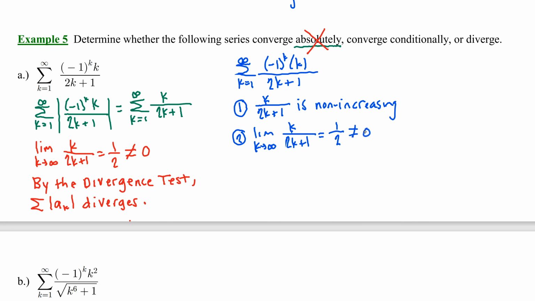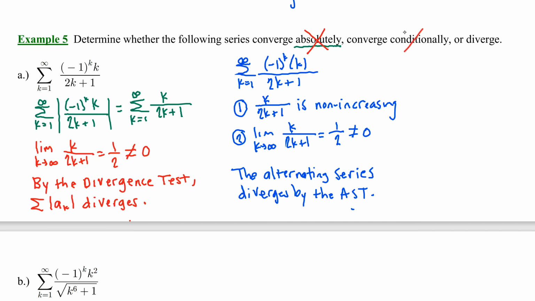Since this second tenet of the alternating series test didn't pan out, remember both of them have to be satisfied, we could say then the alternating series diverges by the alternating series test. That means we can rule out conditional convergence, and our conclusion is that the original series altogether diverges.